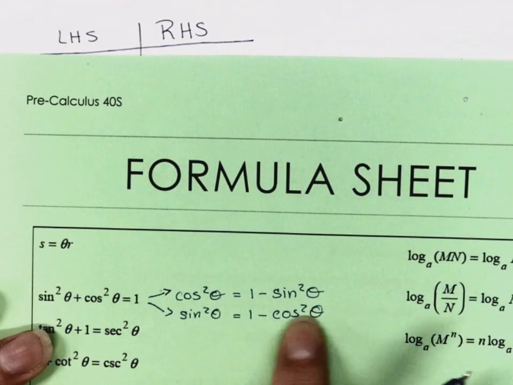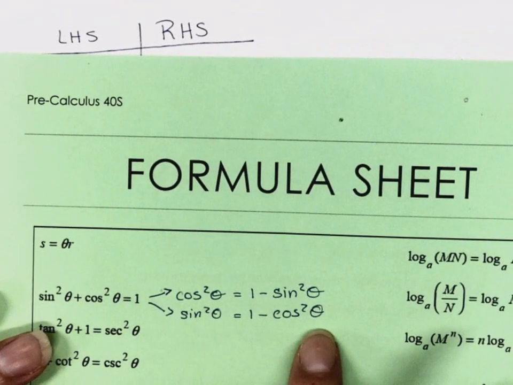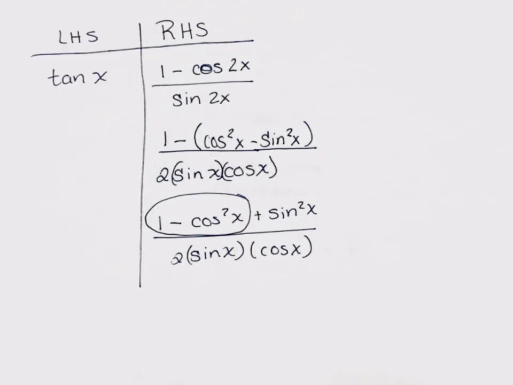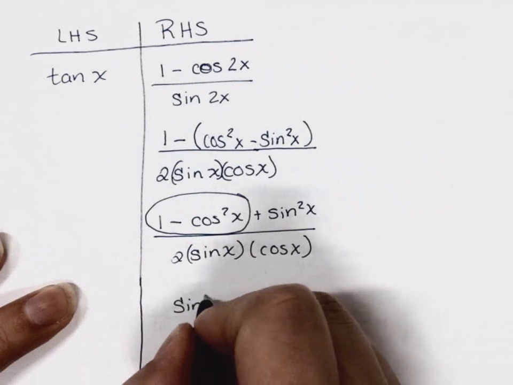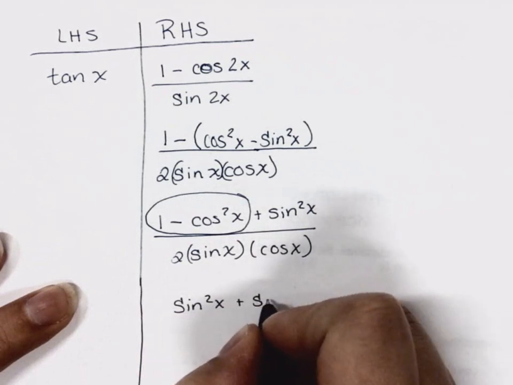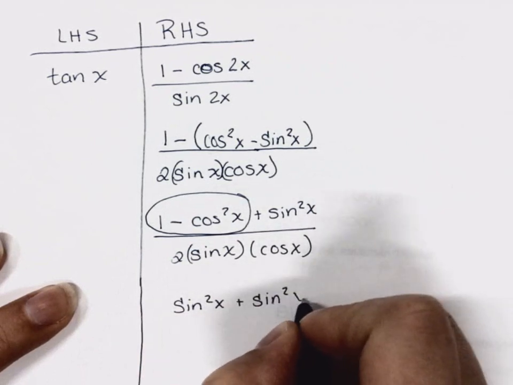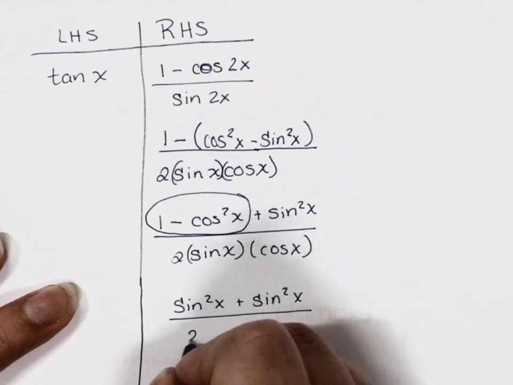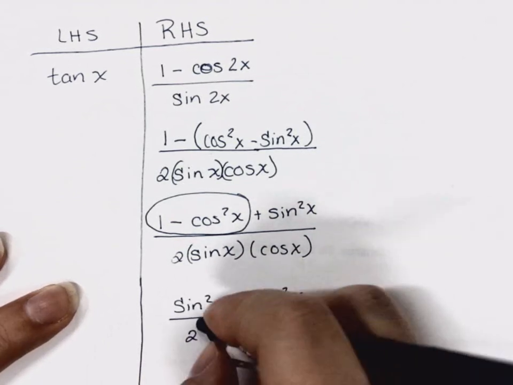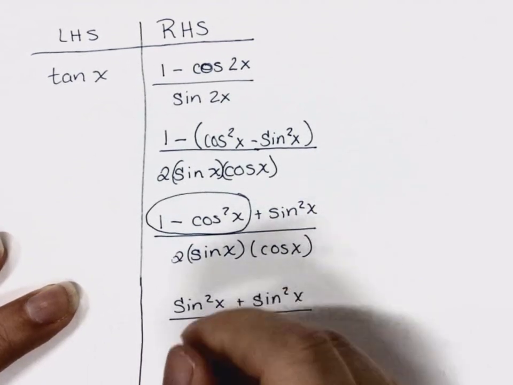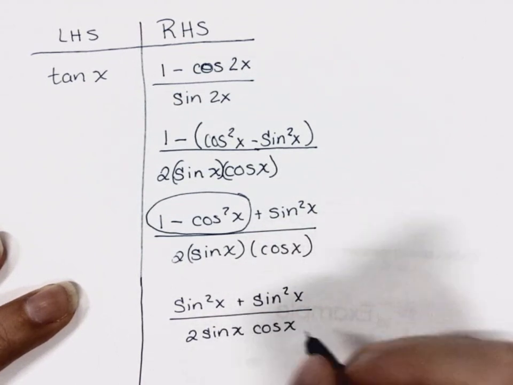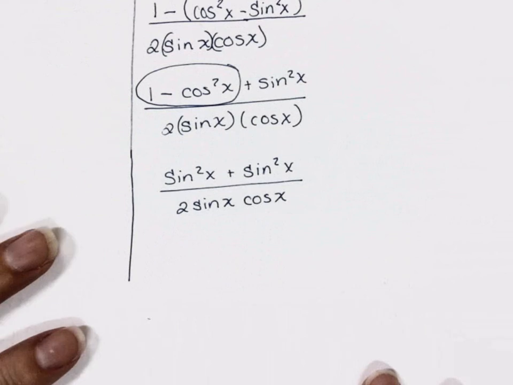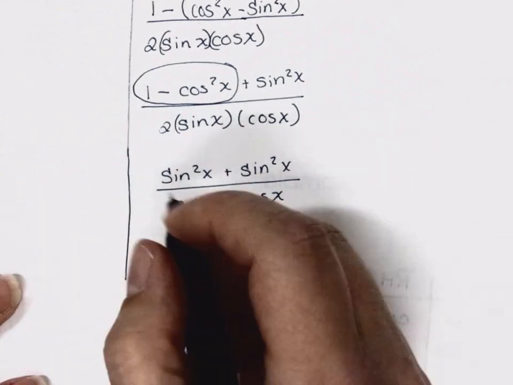That's my Pythagorean identity again, right? Just rearranged. And I'm going to combine like terms.